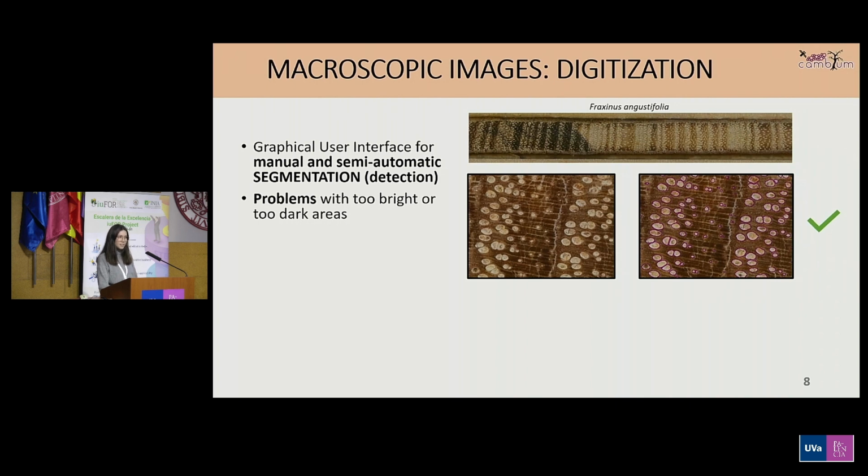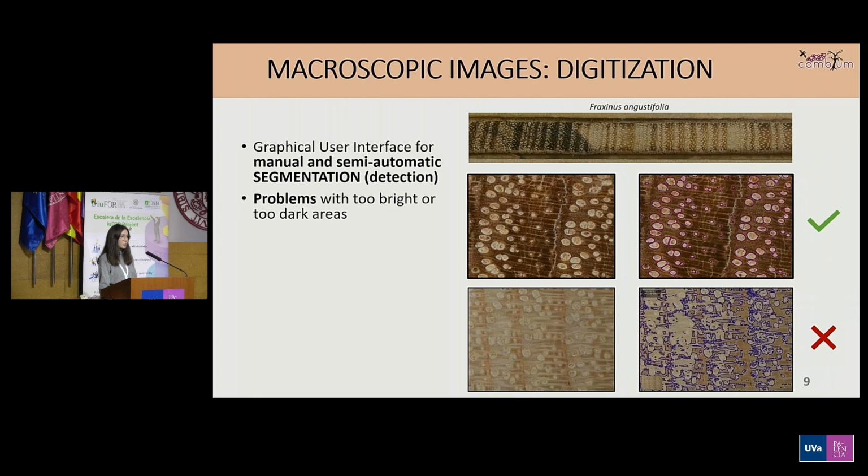Sometimes the segmentation goes well, as you can see there, where the vessels are selected, but most of the time the vessels are not correctly segmented because the wood is too light in color, and the software cannot differentiate the vessels from the background.